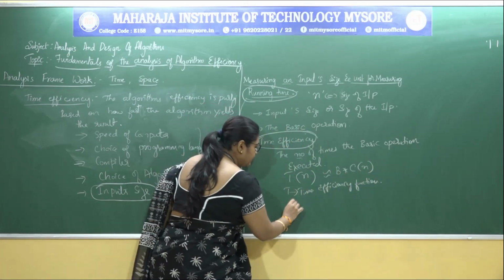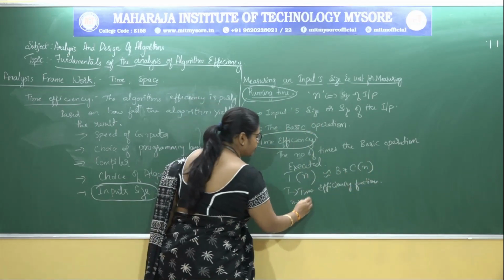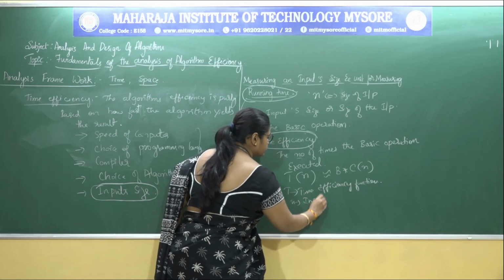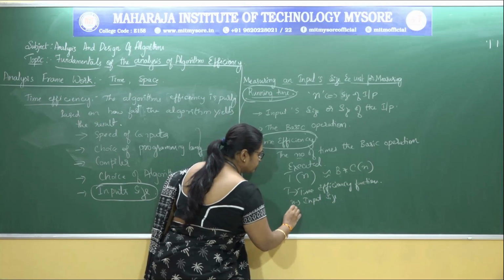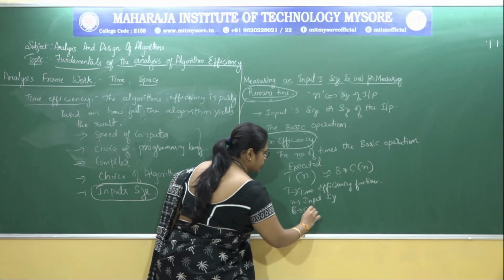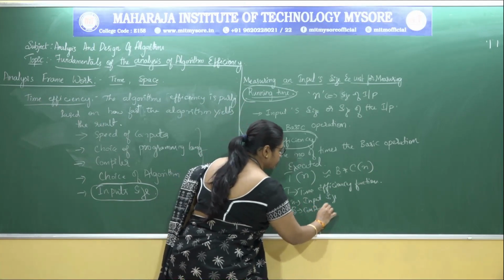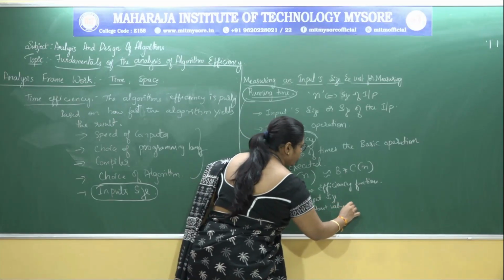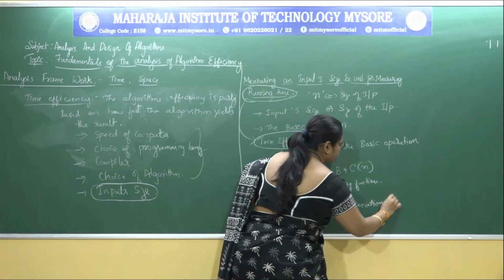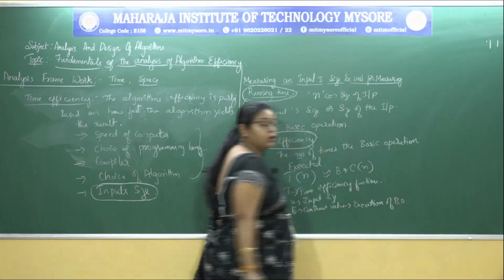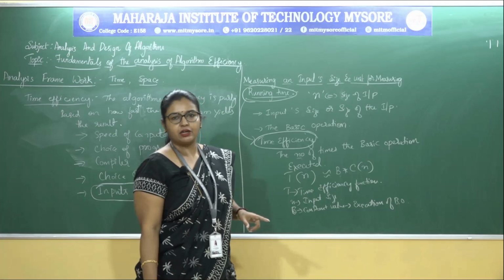And then n, this is nothing but the size of the input, right? B is the constant value which holds the execution time of the basic operation.